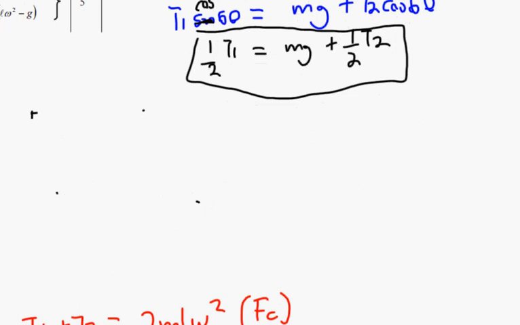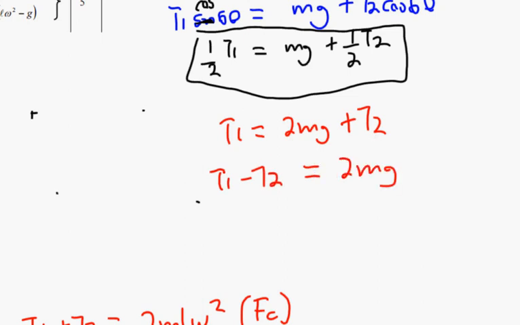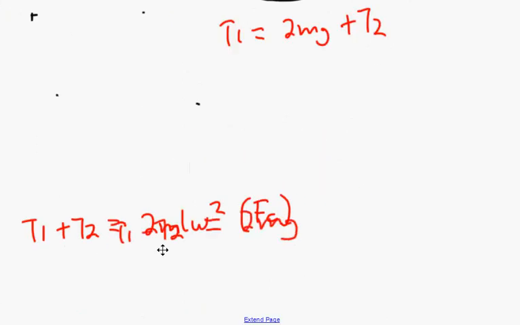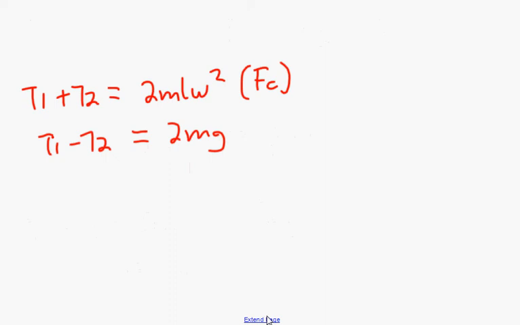And what I'm going to get here is T1 equals 2mg plus T2. T1 minus T2 equals 2mg. Then I'm going to have both of them lined up nicely now. So I'm going to get 2T1 equals 2mL omega squared plus 2mg.